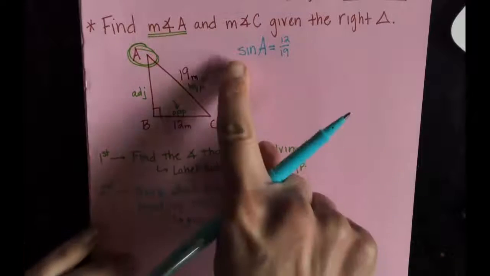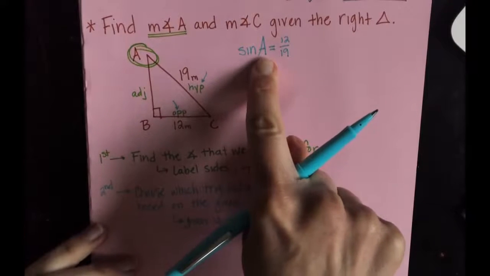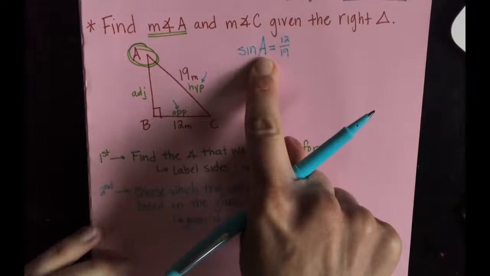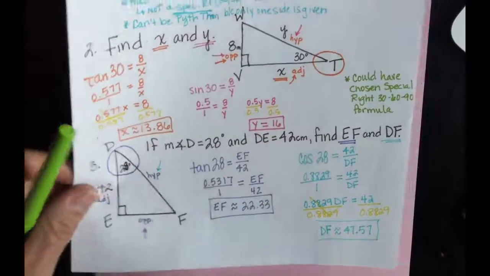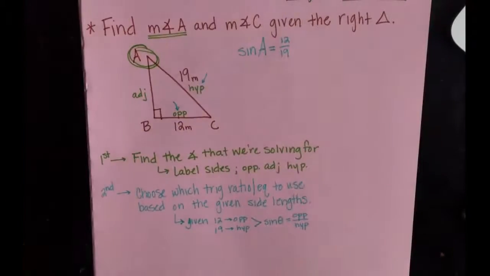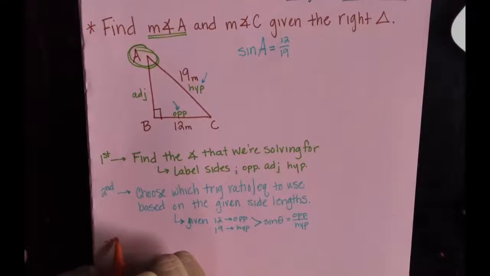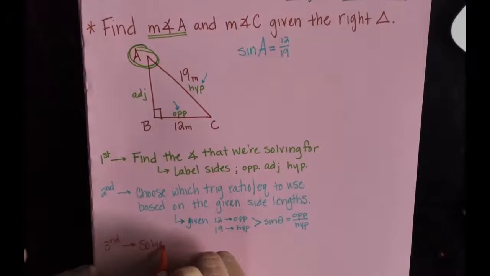So in this whole equation, we still only have one unknown. Before, when we were working the other ones out, we also had one unknown. So the same equation, the same ratios will help us solve again. Now, in order to solve, the next step is we have to undo sine.